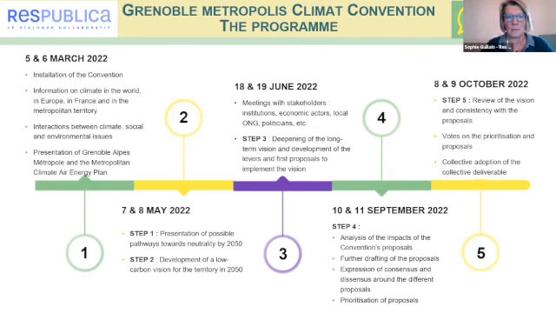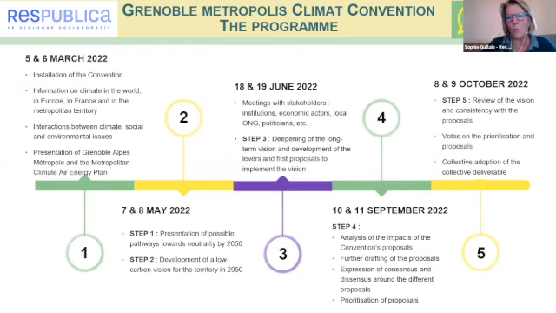The second step after this work was to develop their own vision. They could inspire themselves from the pathways or not. We told them that they had just arrived in 2050 on the territory of the metropole of Grenoble, and that this metropole had managed to achieve a carbon neutrality trajectory. The citizens could choose photos to illustrate and answer 3 questions.